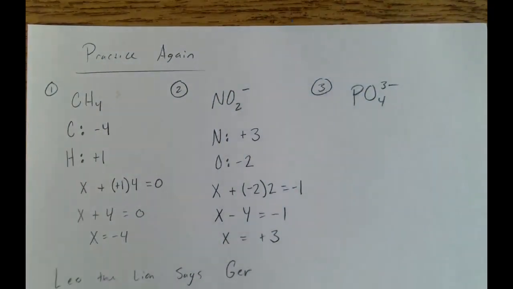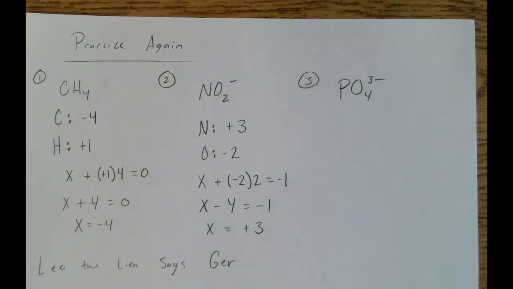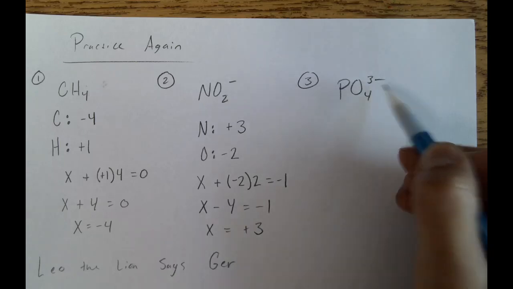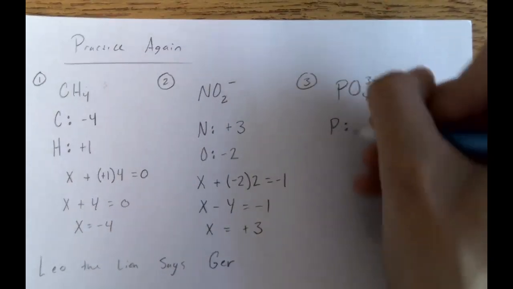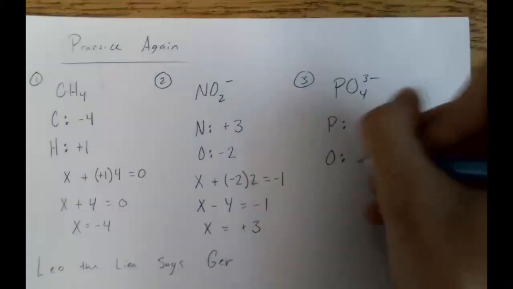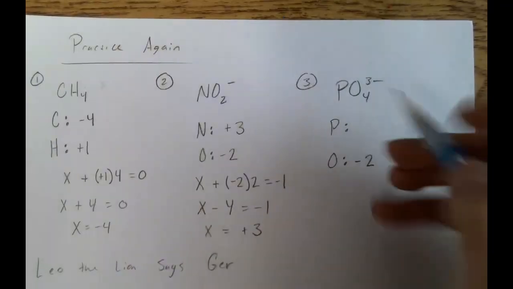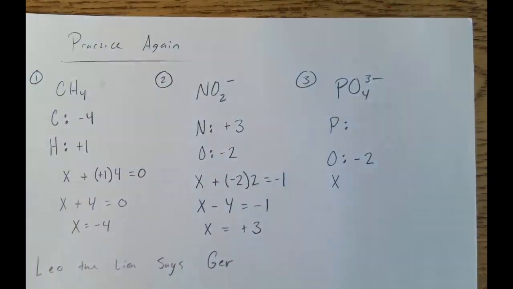All right, last but not least, we have phosphate. So phosphate is another polyatomic ion, meaning it's going to have a net charge of -3. So let's list off phosphorus. We have oxygen. Oxygen is always -2, so we'll start there. Now I don't know what phosphorus is, so I'm going to call that X, and I'm going to add it to the net total charge that oxygen is contributing.